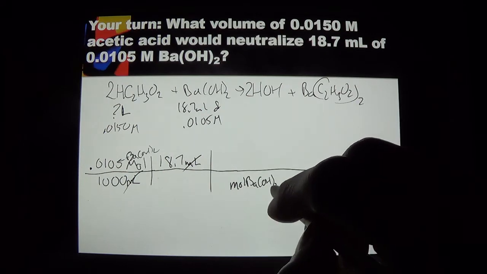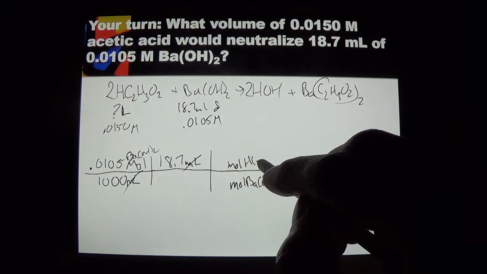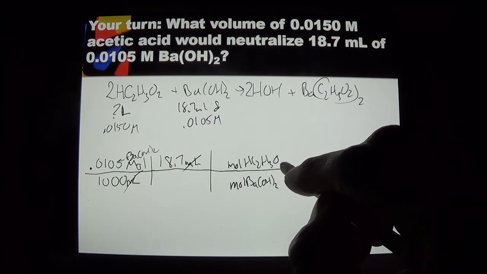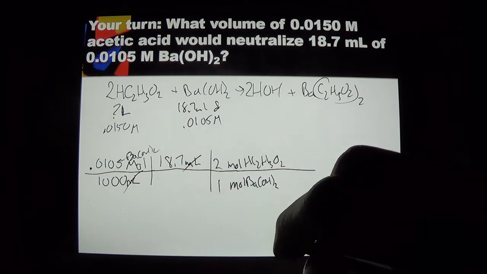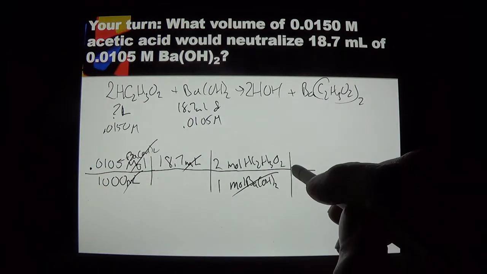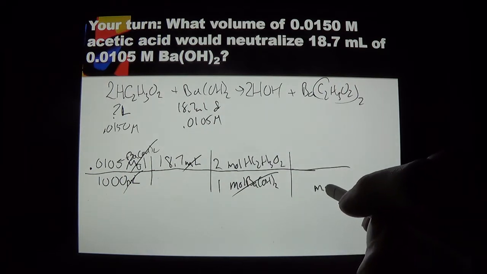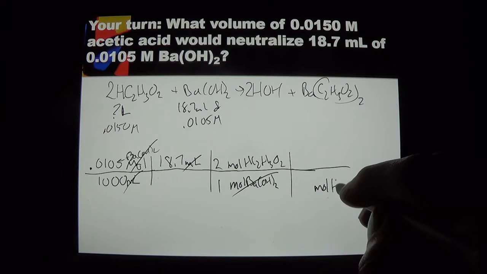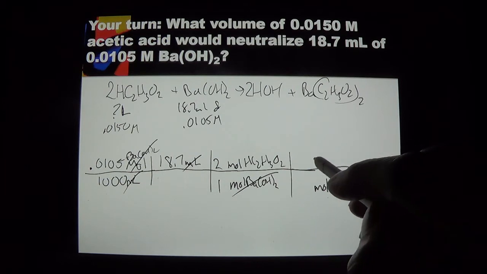I'm looking for acetic acid, so let me throw in some moles of acetic acid right here. And what do I put here? Oh, you're right, the mole ratio, one of those to two of those. And now moles of barium hydroxide have canceled. And to answer the question, I need a volume. Well, I know I'm going to want moles of acetic acid down here. And if I'm wanting volume, I could put liters, but you know what?